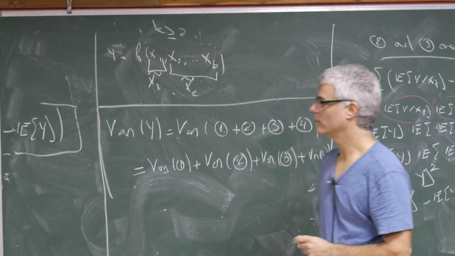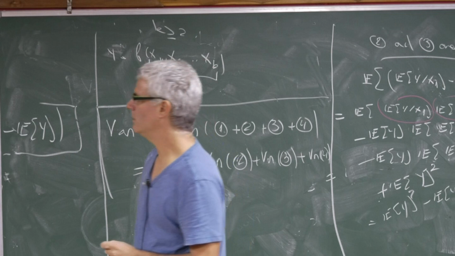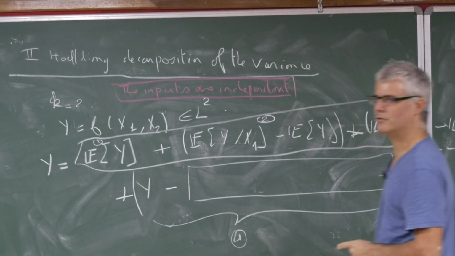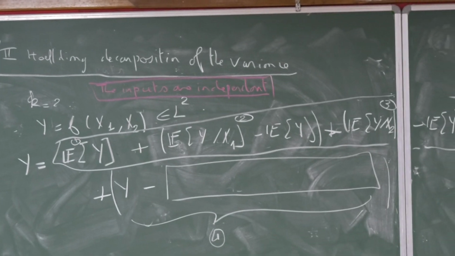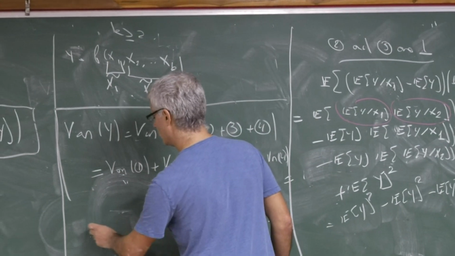Okay, so now what is happening? This one is a constant, so the variance is equal to 0, okay?